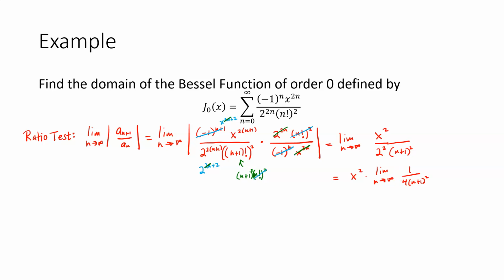And so, of course, here as n goes to infinity, (n plus 1) squared goes to infinity, so this is 1 over something that approaches infinity, which is 0. Okay. And notice here, this will be 0 regardless of what value of x we choose to plug in.